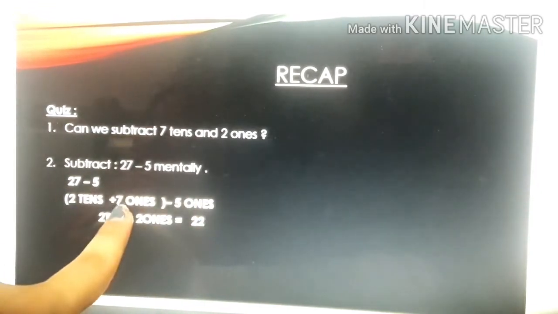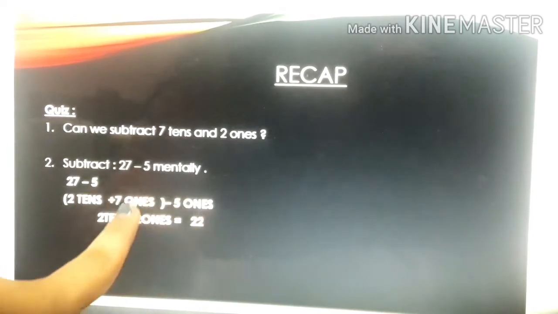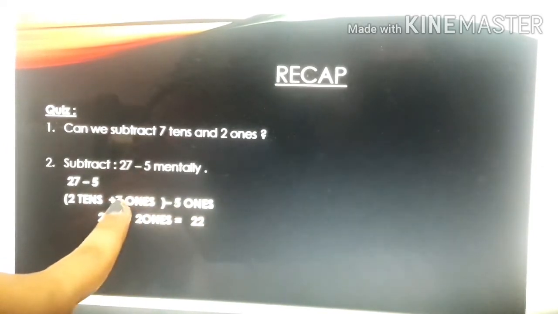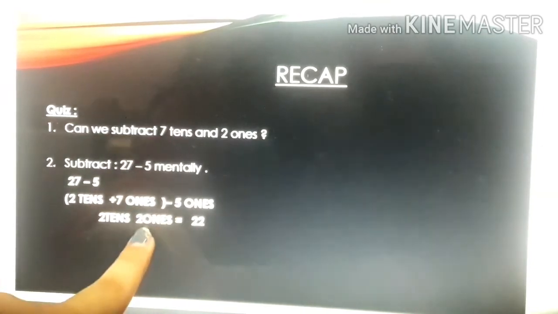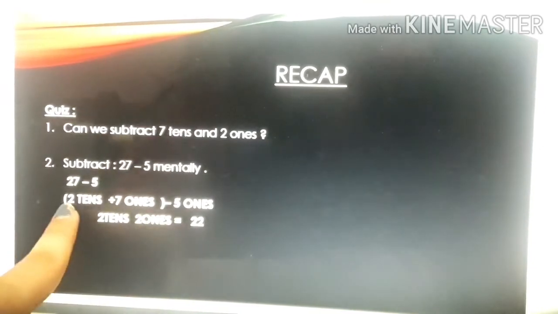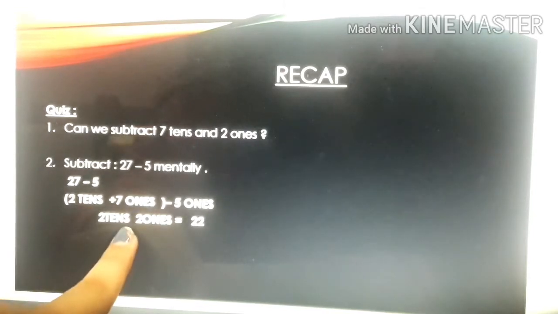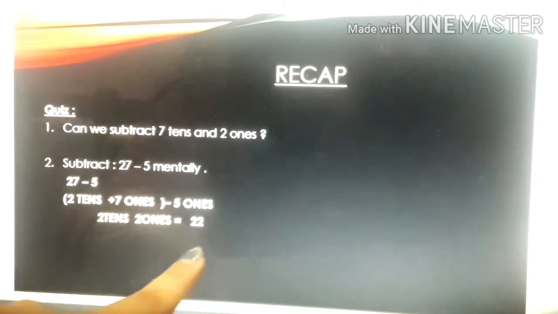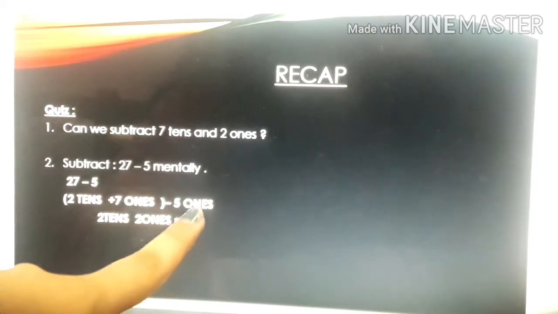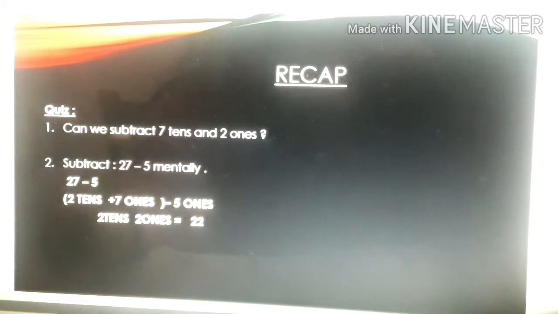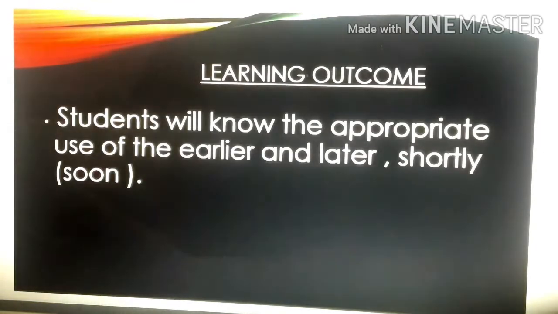So we can subtract ones with ones. What is here? 7 ones. That is 7 minus 5. What is it? 2 ones. So what remains here? 2 tens. So we can write 2 tens here. So if you form the number, children, what will you get? 22. Understood?